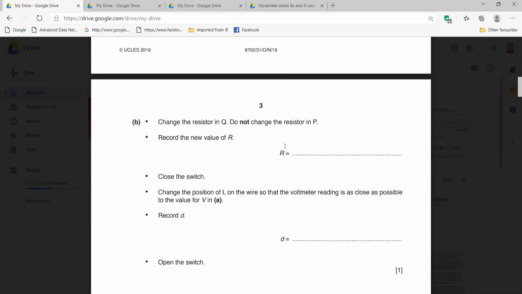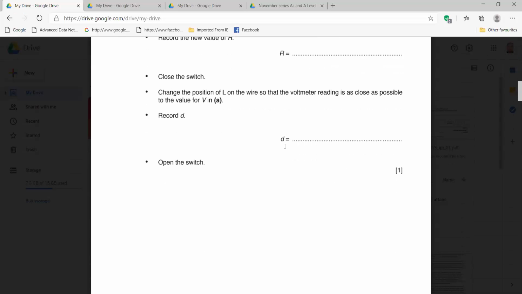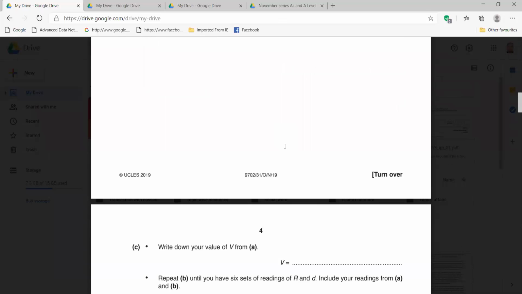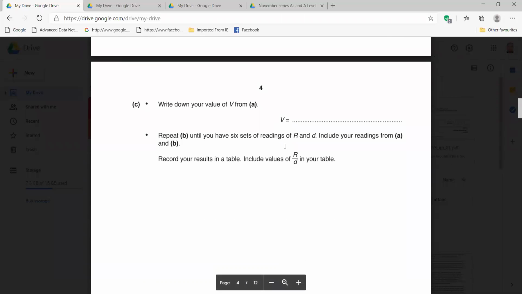So here we got two readings. In A we got one R and one D. In B we got another R and another D. So two readings we got. Now you see what they are saying.